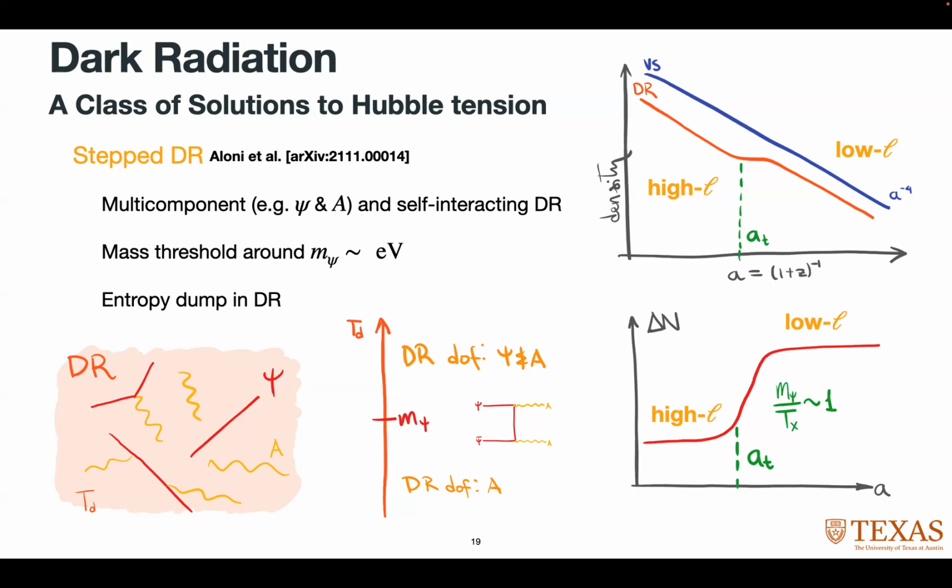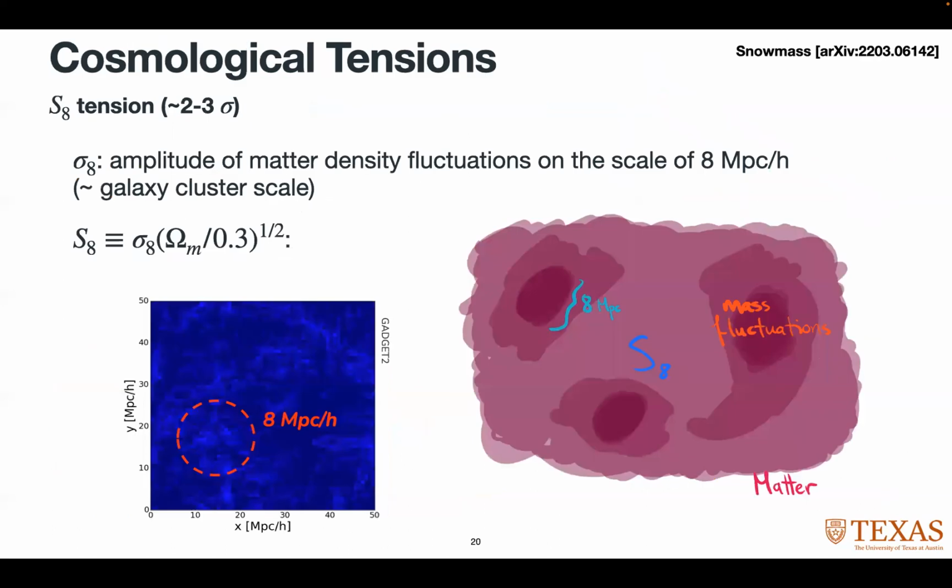Okay, so far we have some solutions to the Hubble tension. Now we move to another tension that is called the S8 tension. The S8 tension is minor, at the level of 2 to 3 sigma, and S8 is defined as sigma 8 times the square root of omega m over 0.3.